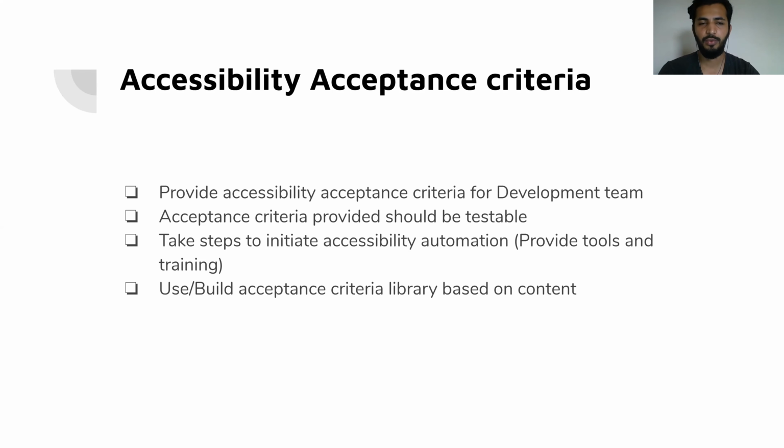This is also something we can introduce during the accessibility acceptance criteria. While providing accessibility acceptance criteria, we can take steps to initiate accessibility automation. There are certain products out there in the market, for example, Axe, WAVE, Andi, which are basically accessibility automation tools, which will evaluate the code base of the content and will throw out the potential accessibility violations and also possible solutions.